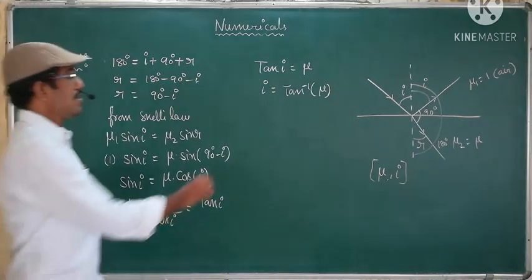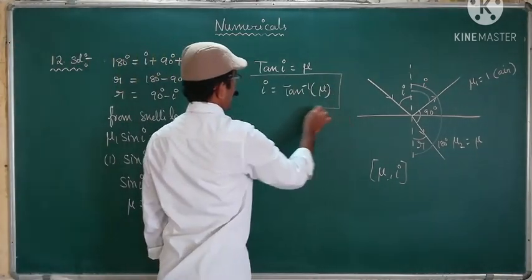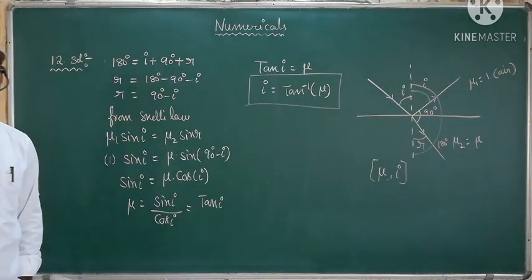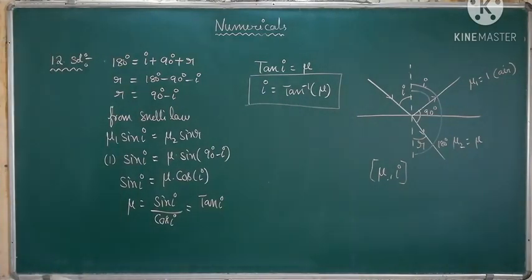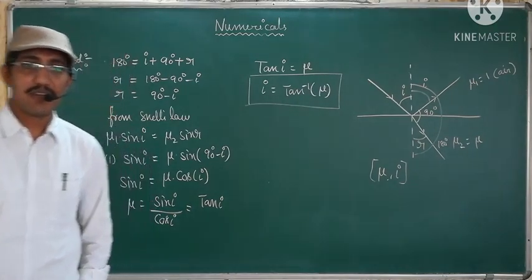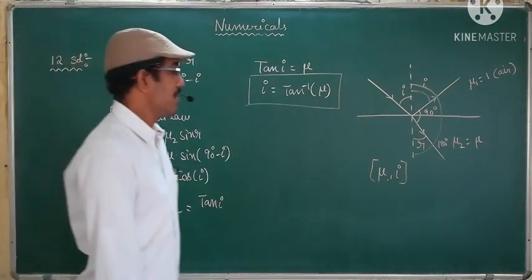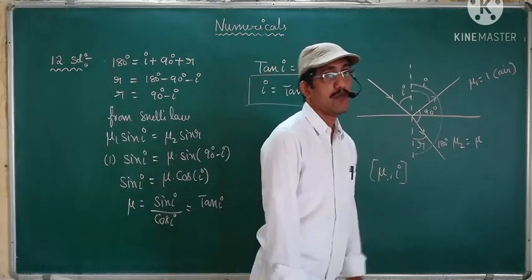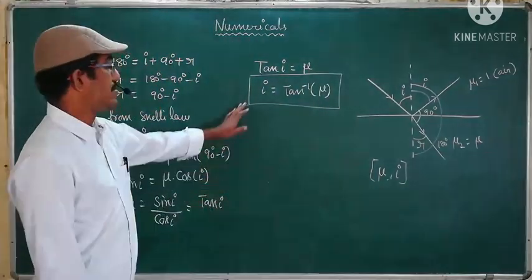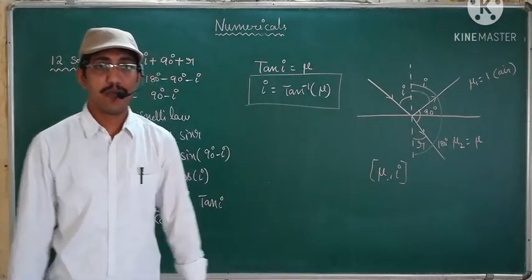This is the relation between the angle of incidence and the refractive index of the medium, if the reflected light ray and the refracted light ray are mutually perpendicular. So I is equal to tan inverse of mu.